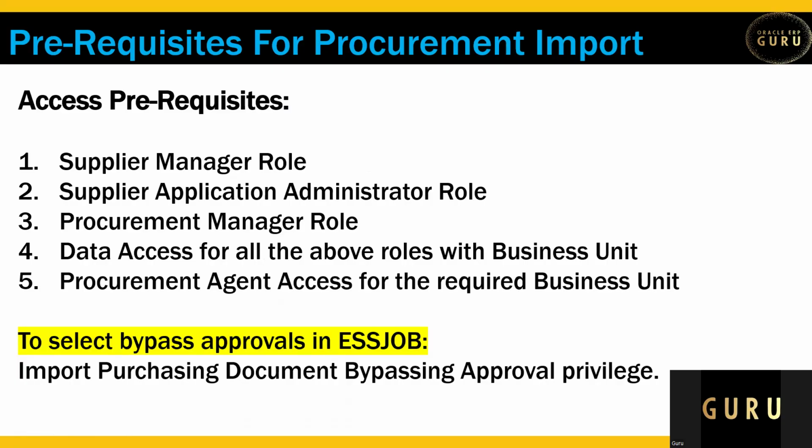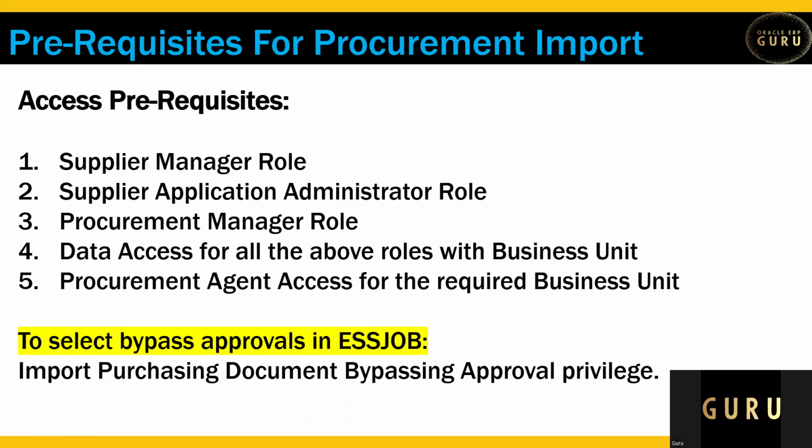First, let's see what access we need to implement conversions. You should have the supplier manager role or the supplier application administrator role, and the procurement manager role, with data access for all the above roles with business unit.